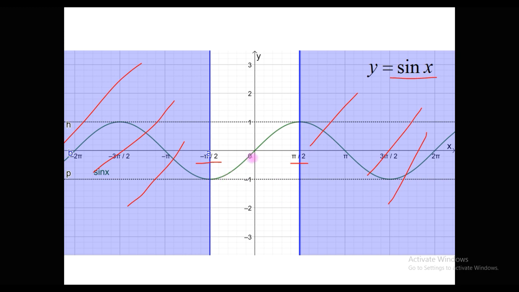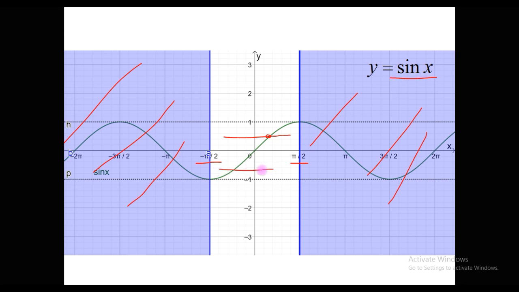Now only this part I am considering. This itself is a graph of sin x, but with the restriction of minus pi by 2 to pi by 2. Can we tell whether this restricted function is 1-1 or not?